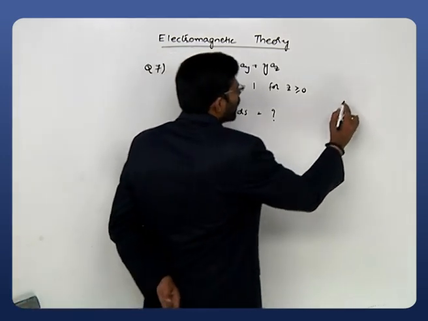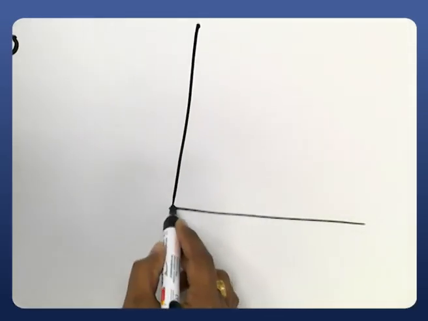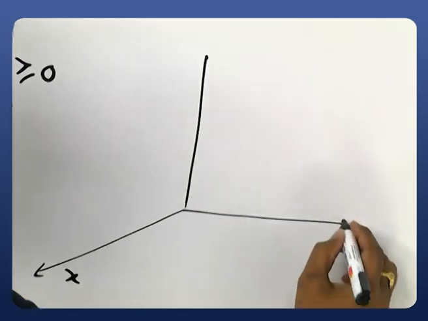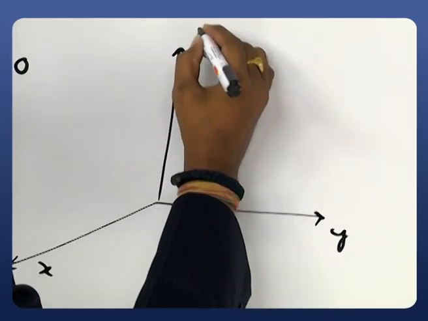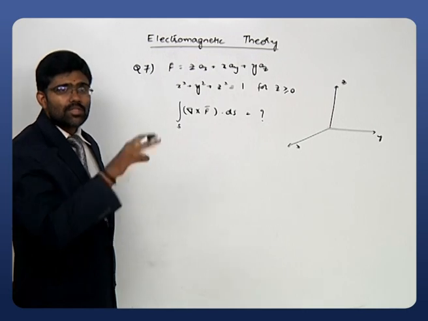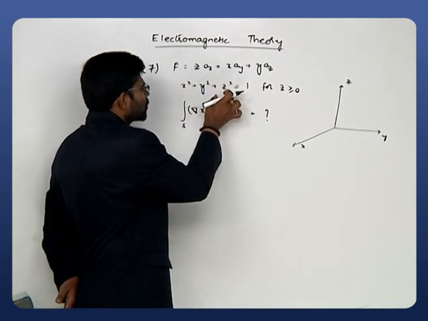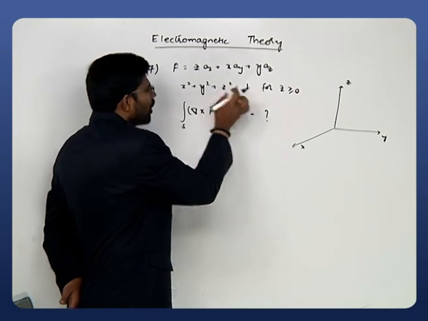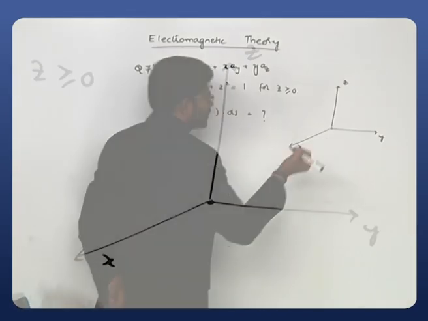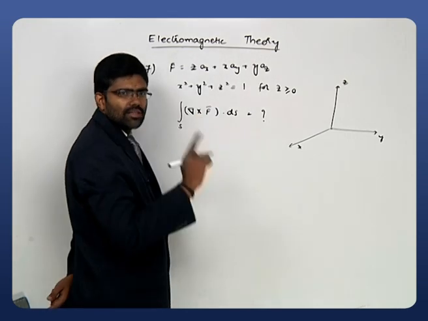So for our convenience, I will draw the open surface which is given to us. The x square plus y square plus z square is a sphere with the origin as its center, and the radius of that sphere is 1.